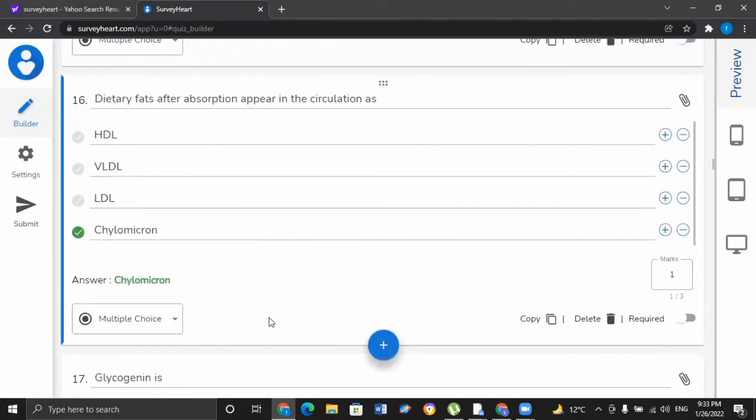Dietary fats absorbed appear in circulation in which form? The lipoprotein that is absorbed from the intestine and then transported to the blood is chylomicron.